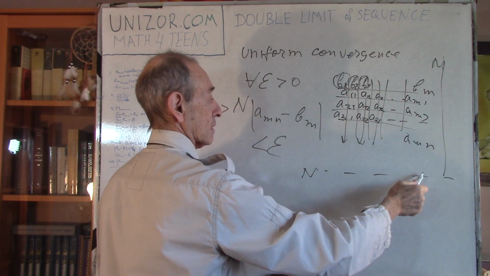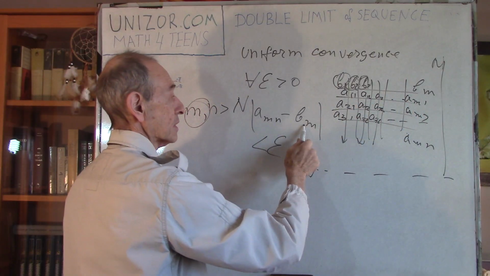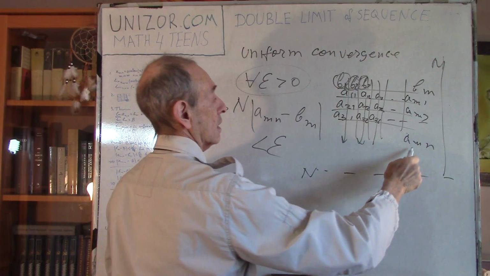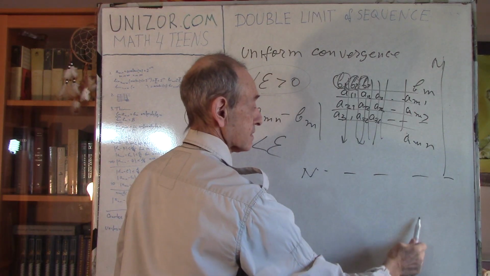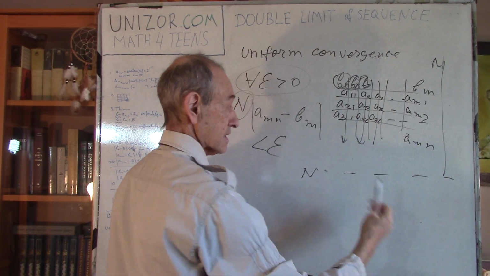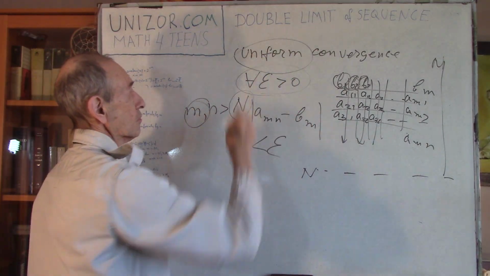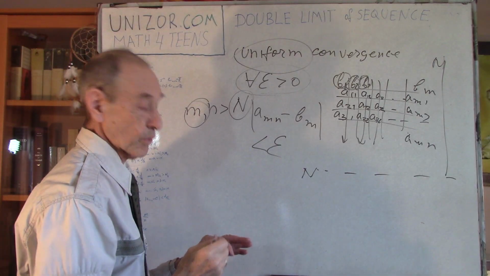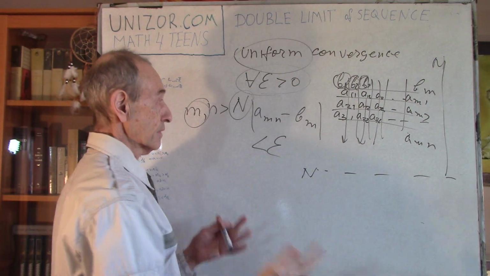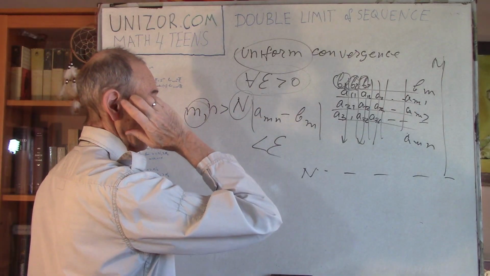So the elements of the double sequence will be closer to their corresponding limits than whatever epsilon I choose, not only if I'm going sufficiently far down, greater than N, vertically in the sequence itself, but also in the other index as well. That's what uniform basically means. That's very important, and that would be a very important part of the proof of the theorem, which I'm going to prove right now. Okay, so we know what uniform convergence is.